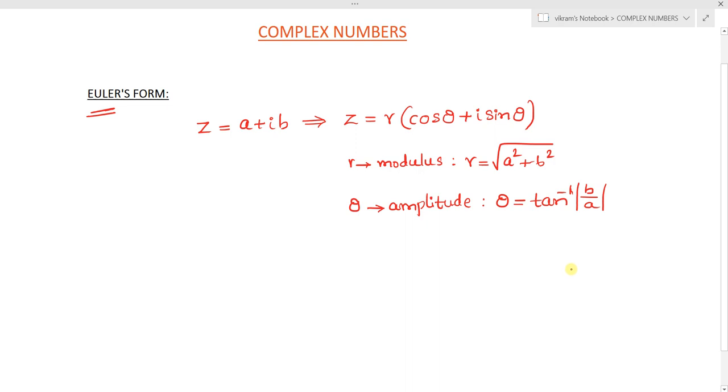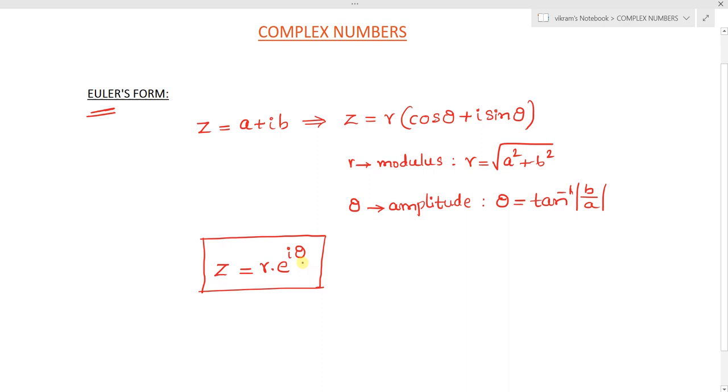Now every complex number z equals a plus ib is also expressed as r into e power i theta. Every complex number is expressed as an exponential, that is z equals r into e power i theta, which is called Euler's formula.